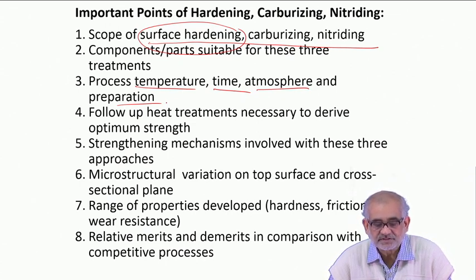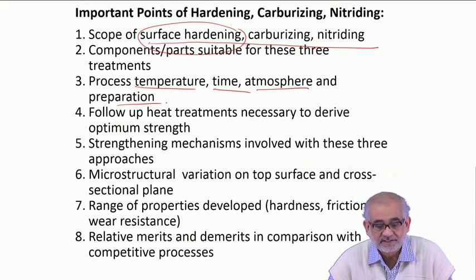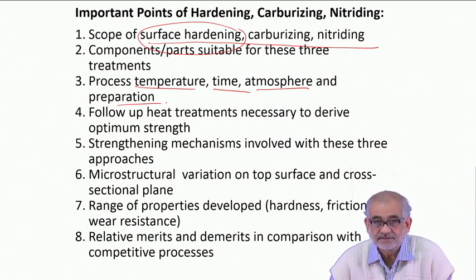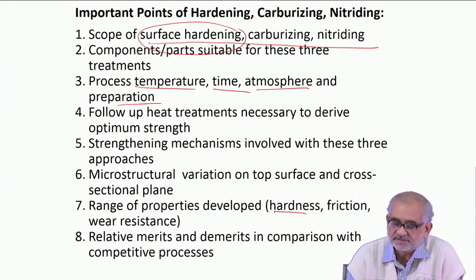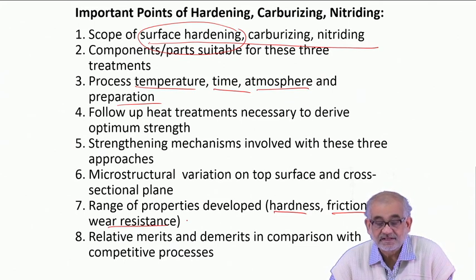The microstructural variation from the top surface along the cross-sectional plane is a smooth one, and is to be developed carefully so that the final purpose is served. But the end aim is hardness, lowering of friction coefficient, improvement in wear resistance, and in some cases even corrosion resistance for nitriding.